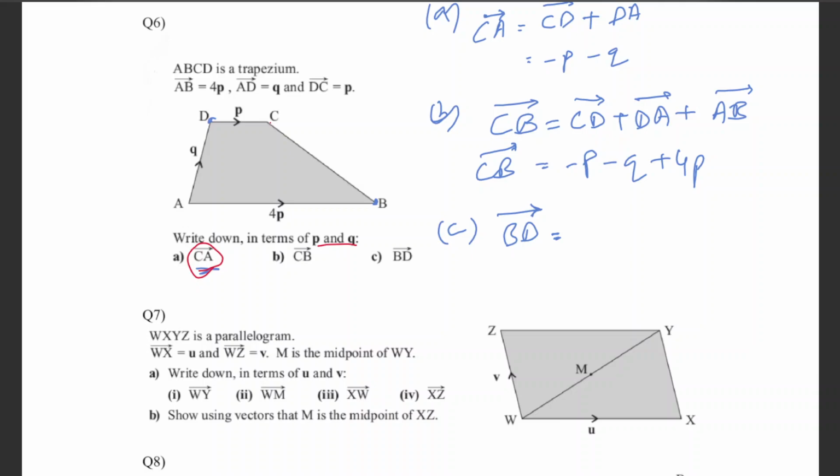So in this direction I have to go. I have to reach from B to A, then A to D, correct? So BA will be the opposite of AB, that is minus of 4P. And AD is plus of Q.